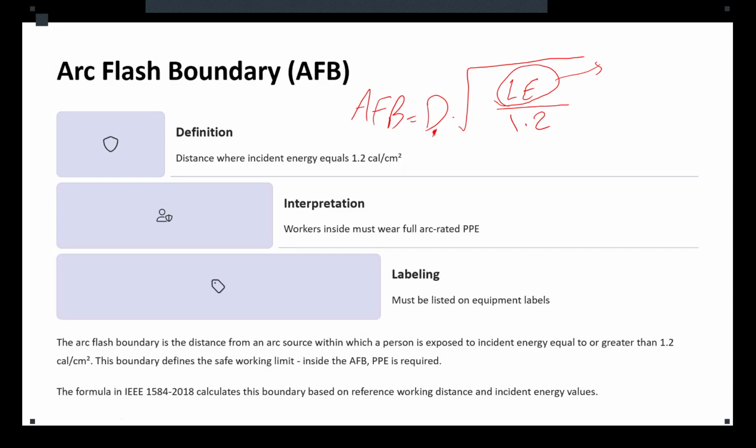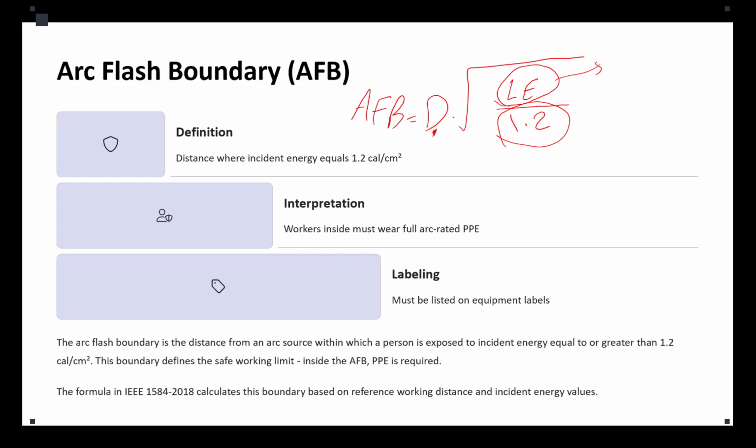And 1.2, as you can imagine, is the burn threshold. Now, this equation assumes an inverse square energy decay based on the distance. It is corrected for enclosure effects, electrode configuration, and plasma expansion geometry.